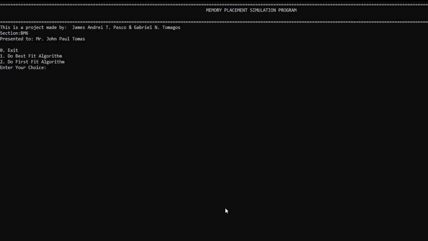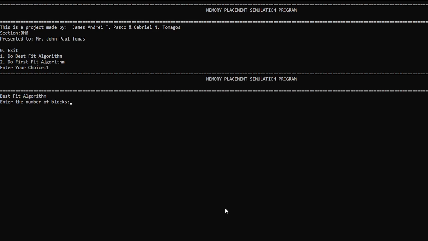First, we choose the first option simply by pressing 1. Then, as we recall, it asks for input. We set the limit of blocks to 5 and set those sizes to 500, 400, 300, 200, and 100 bytes.